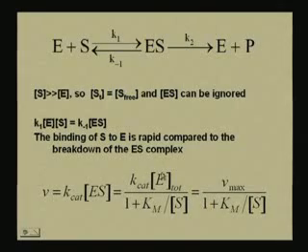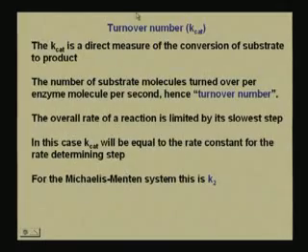So we have this Kcat, which is also referred to as K2, which we will see in a moment why we call this Kcat, and we have our specific expressions related to our Kcat and our Km. Now, what is this Kcat? This Kcat is actually a direct measure of the conversion of the substrate to the product.